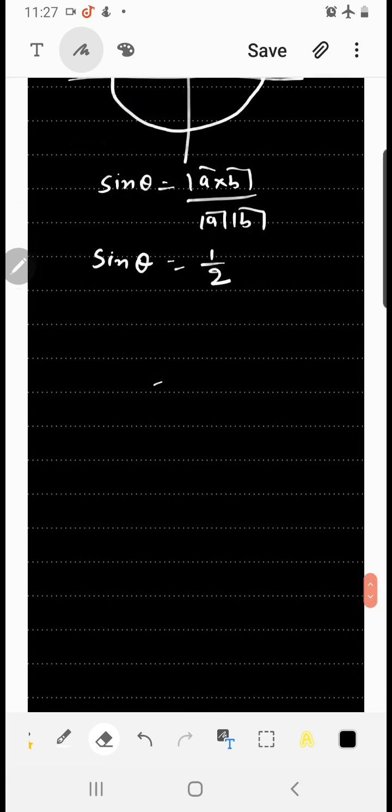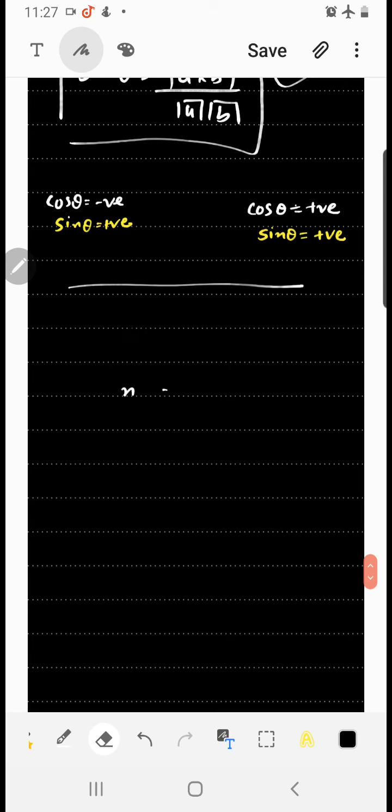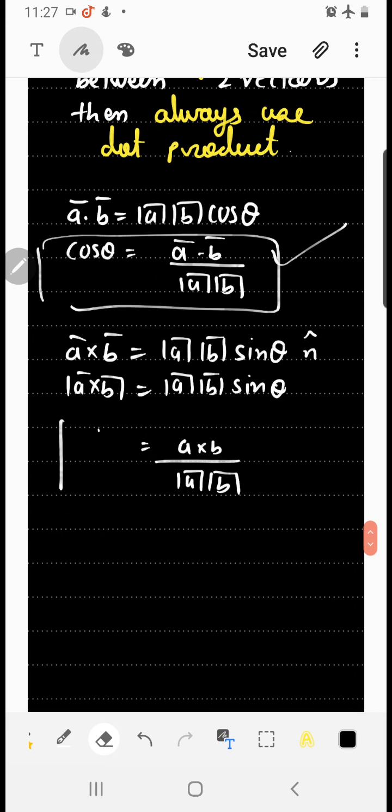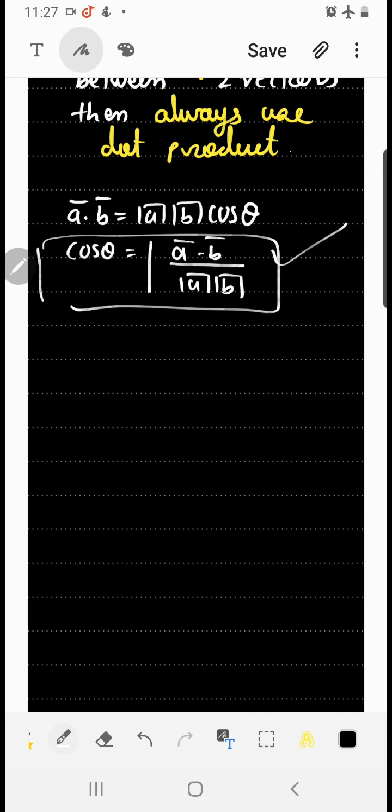We are not supposed to write this, but please do keep in mind that because cos theta is positive and negative in different quadrants and sin theta is the same in both quadrants, we avoid cross product. Is that clear? And here we put mod onto the formula.